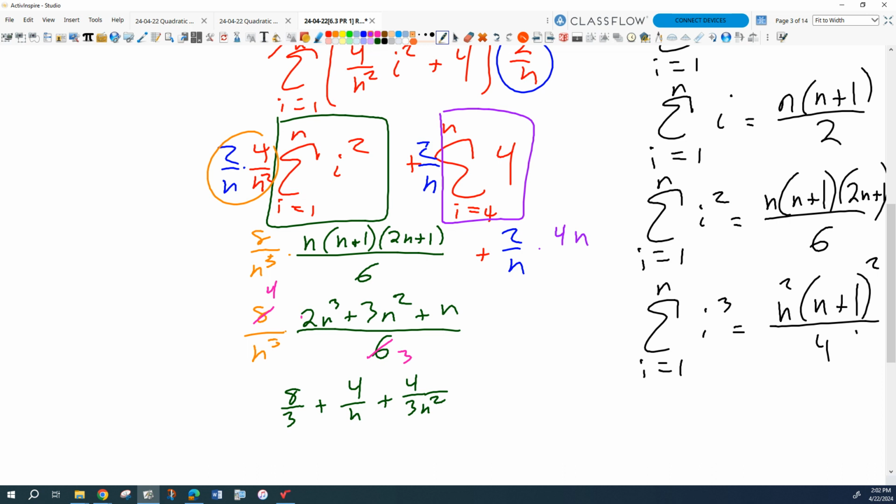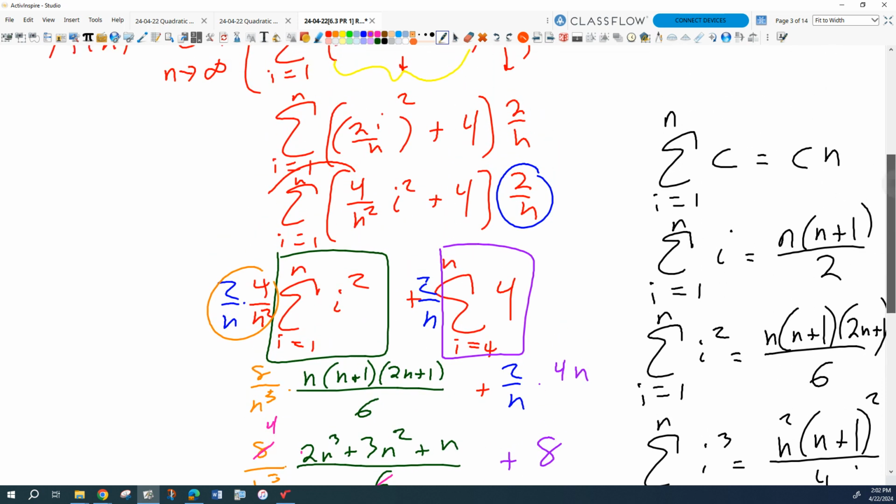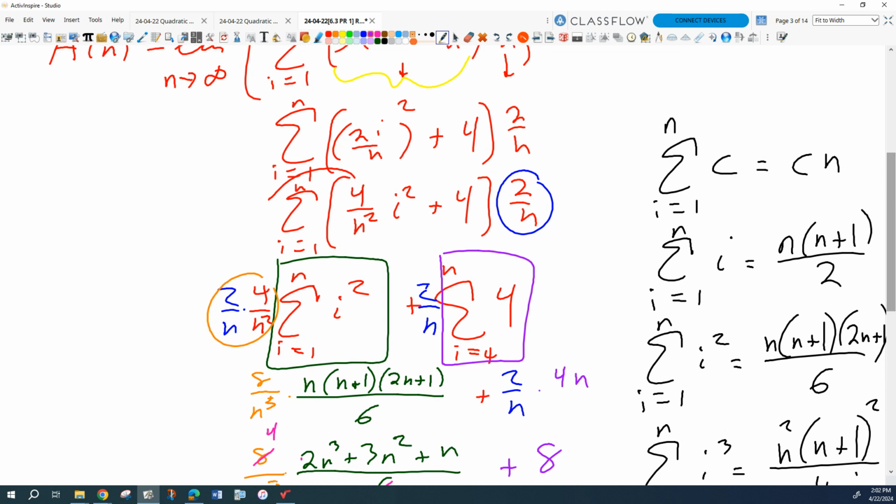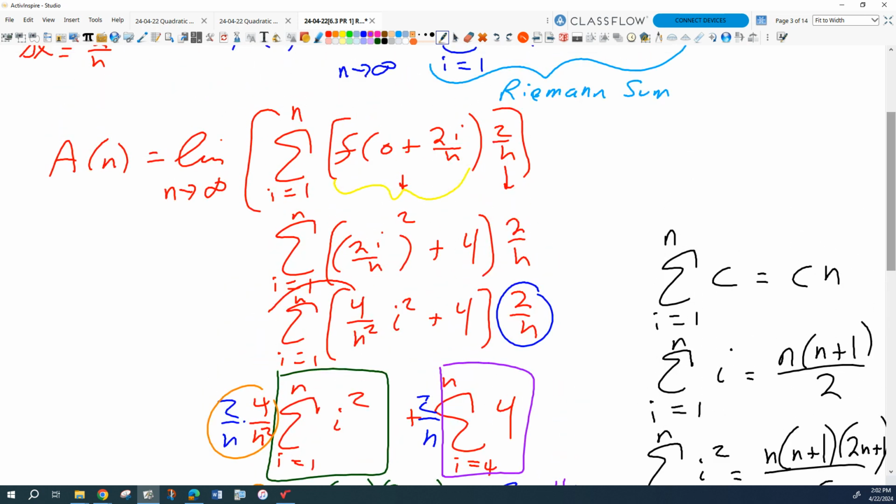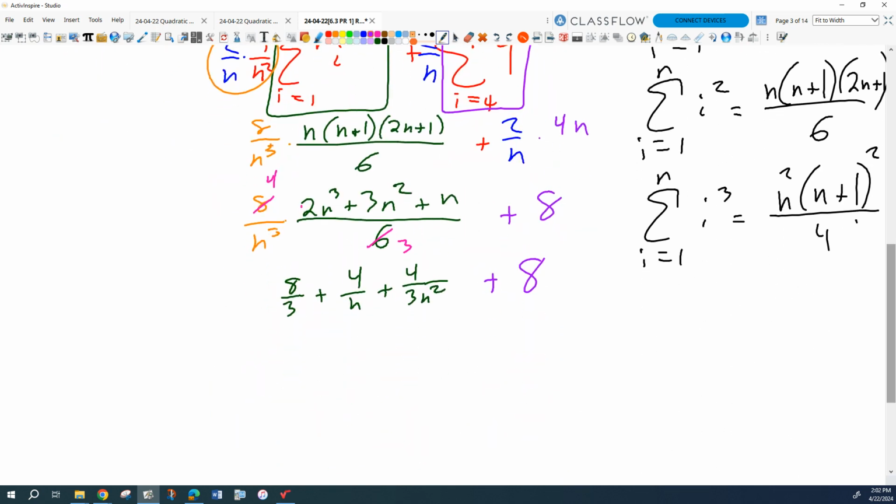The n's cancel. Everybody buy that? Okay. So we just get plus 8. Okay, so that took care of all this stuff. But don't forget that we're still taking a limit of all this as n goes to infinity, right? So then clear down here now, our actual area is going to equal the limit of all that stuff as n goes to infinity.